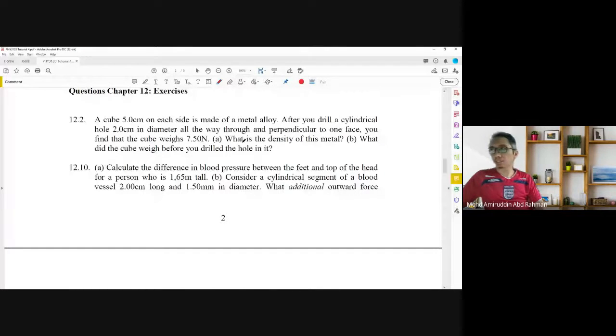Okay, density is easy. So density is 7.02 times 10 to the 3 kilogram per meter cube. So that's the density. The cube weight will be 0.765 kilogram.